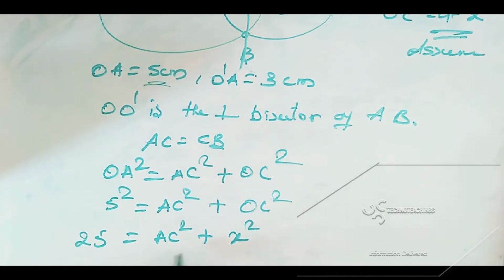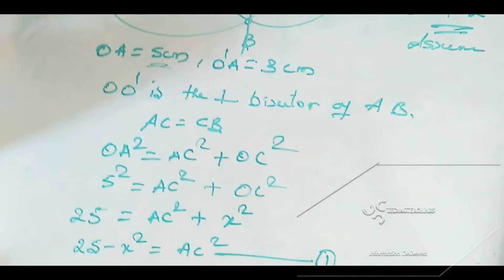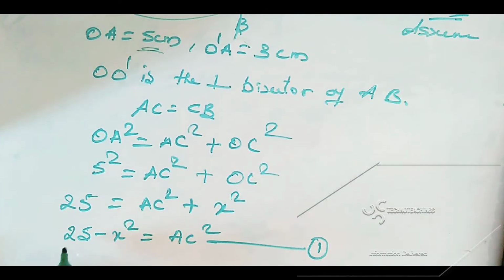Now 25 equals AC square plus X square. I will rearrange this expression and write it as 25 minus X square equals AC square. I name this expression number 1.